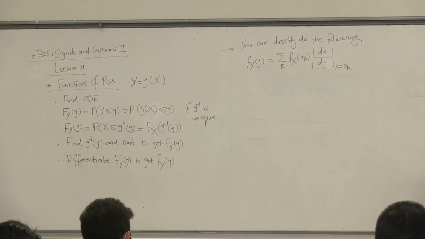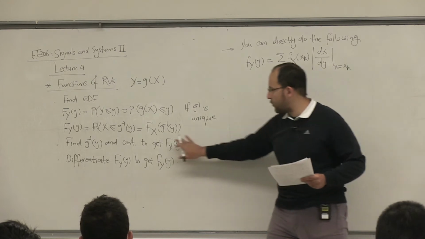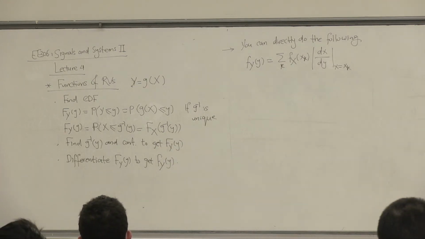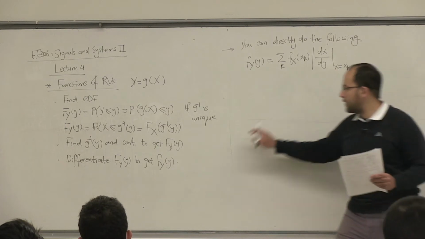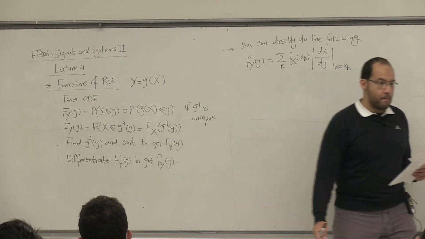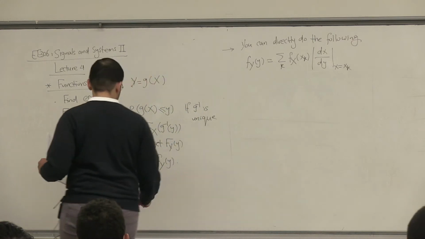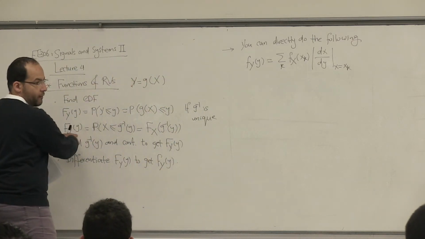Can anyone find the relation between this and what we have been doing until this step? Is there any relation? Can you relate this thing to this thing? What would you do to get to Fy of y from capital F?